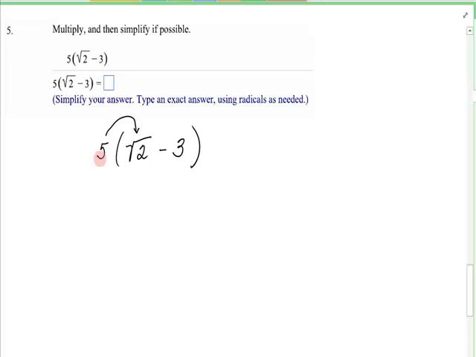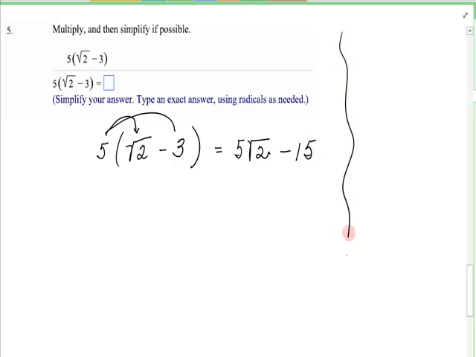This is rational. All right. When I multiply those, I cannot multiply the 5 times the 2 because this is the radicand. All I can do is say 5 times the square root of 2. When it comes to multiplying 5 times negative 3, those are both rational, so yes, I can do that.